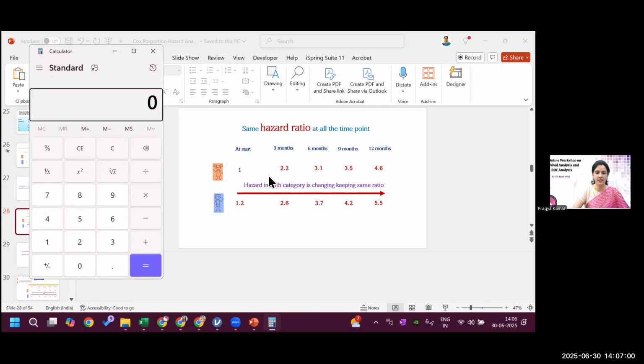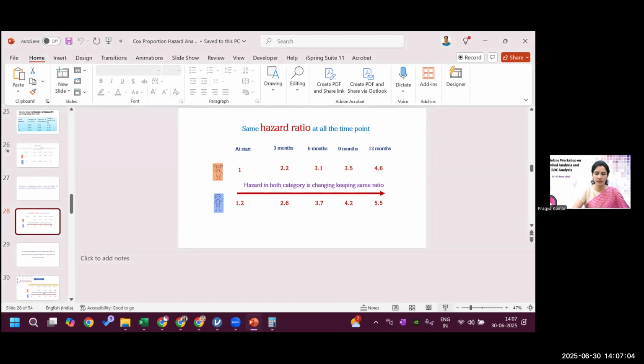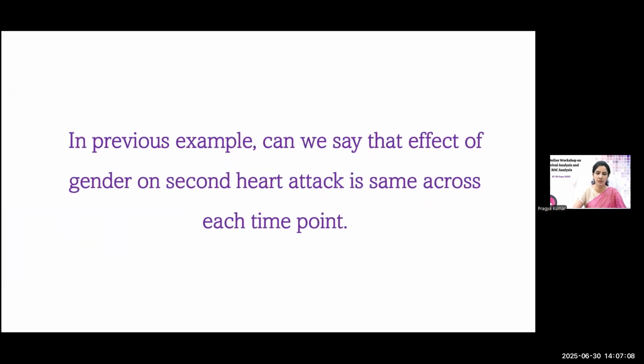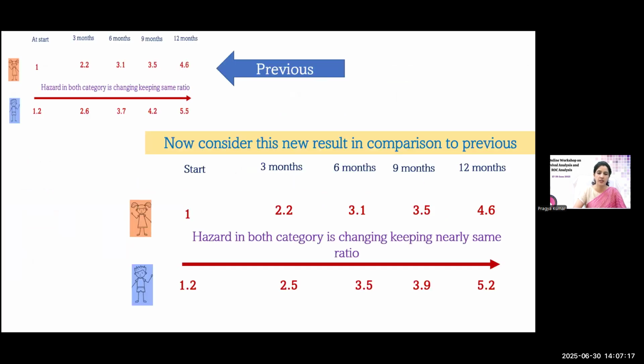So again in the same example, the individual hazard is changing, but you can see the ratio is constant. So in this example we can say that the effect of gender on the second heart attack is the same across each time point. Similarly, in this example the hazard ratio is changing, but again nearly the same. It is not exactly the same.